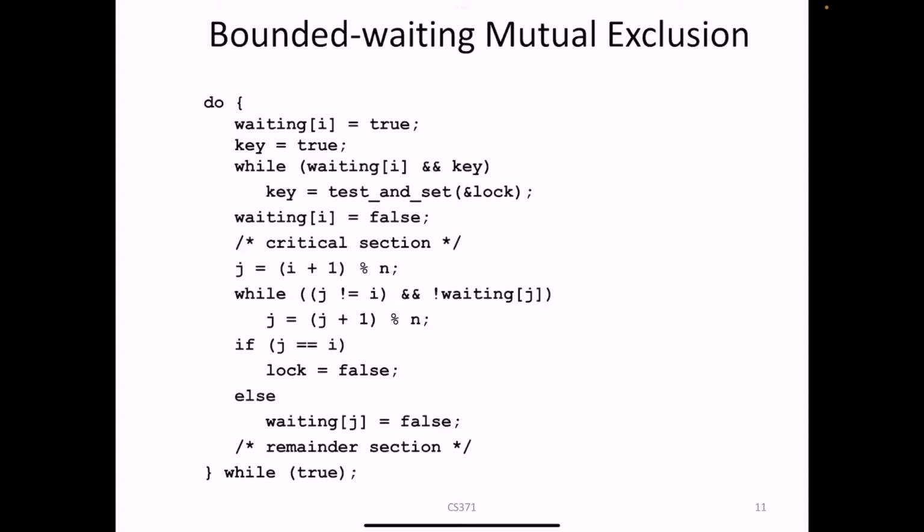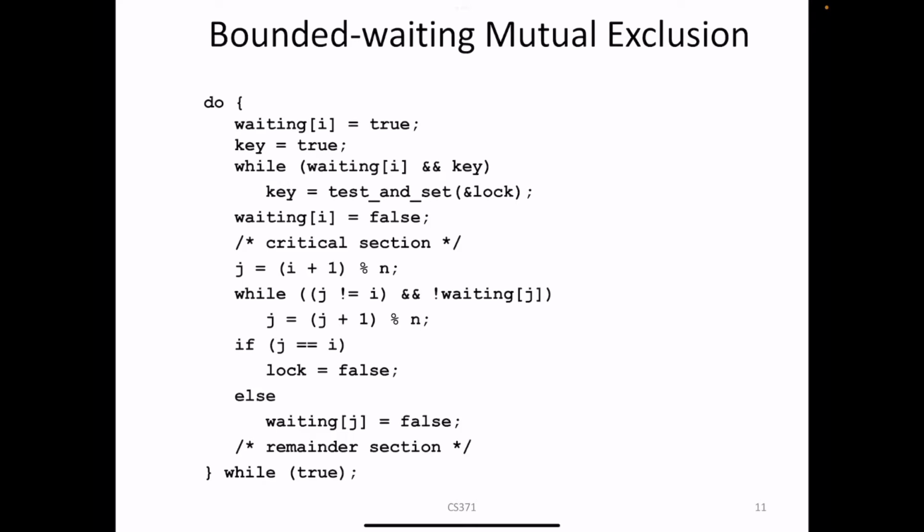Assuming P0 is put on the CPU first. Inside the do-while loop, both waiting[0] and key are changed to true. Then check the condition for the next while loop. Since both waiting[0] and key are true, the test-and-set function will be called. The old value of lock, which is false, is assigned to key, then the new value true is assigned to lock.